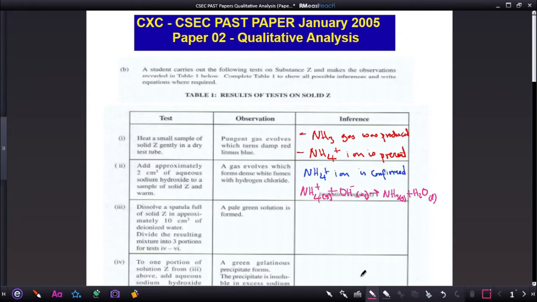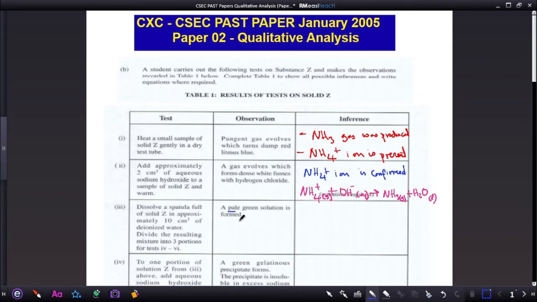The next part of the question: dissolve a spatula full of solid Z in approximately 10 cm³ of deionized water. Divide the resulting mixture into 3 portions for tests 4 to 6. And the observation is that a pale green solution is formed.